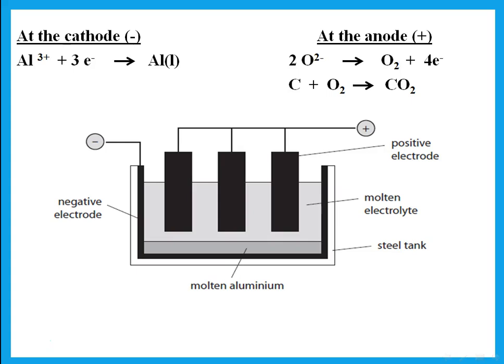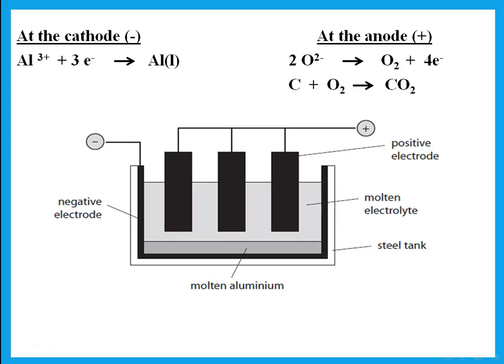Now when the oxide ions go to the anode, they give up electrons and become oxygen, which is diatomic. The balancing is as such: in order to have 2 oxygens after the arrow, we need 2 oxygens before the arrow, but that means that we have 4 negatives, so this is balanced with 4 electrons. Now the problem is we're releasing oxygen gas at an electrode that is made of carbon.